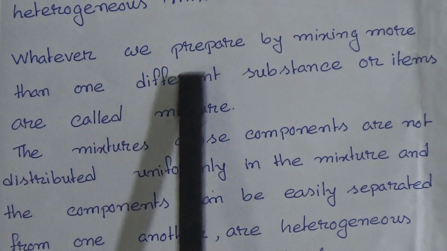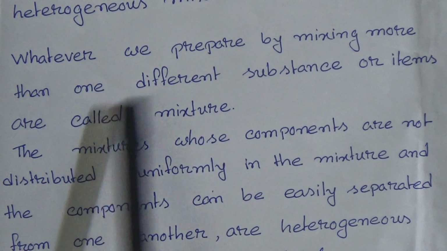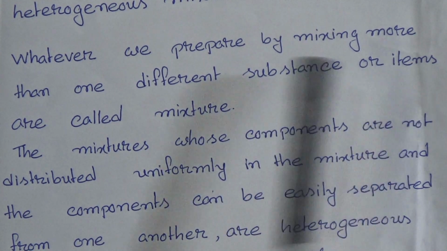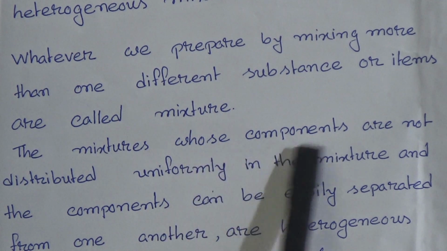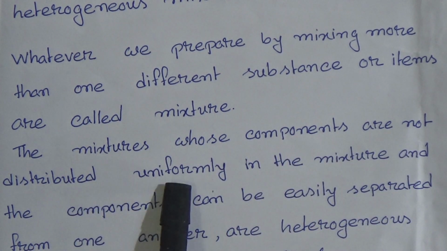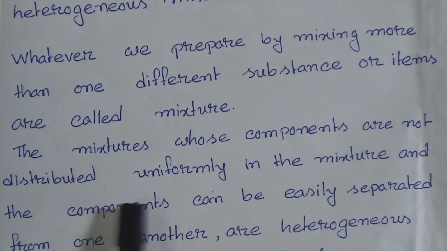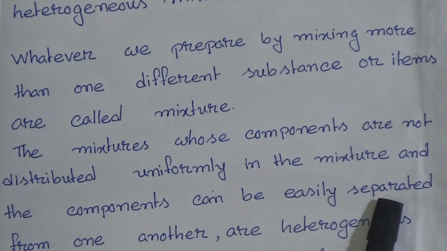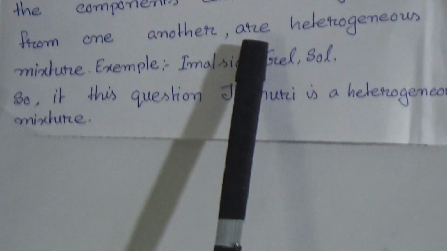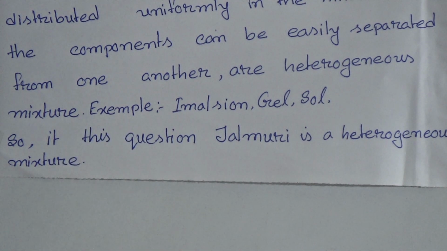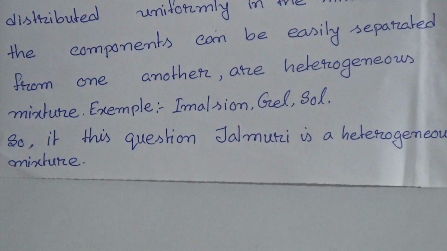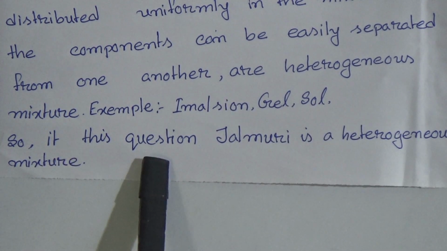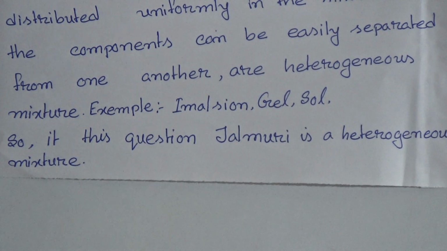The mixtures whose components are not distributed uniformly and the components can be easily separated from one another are heterogeneous mixtures. So in this question, jhalmuri is a heterogeneous mixture.